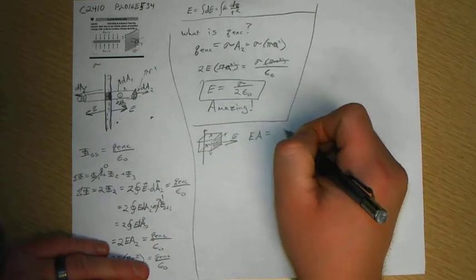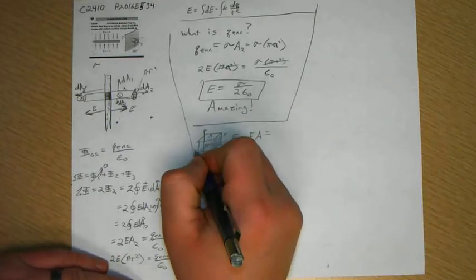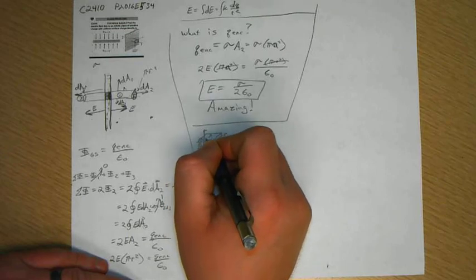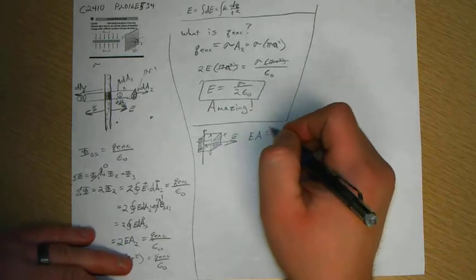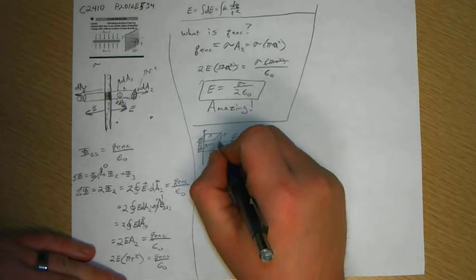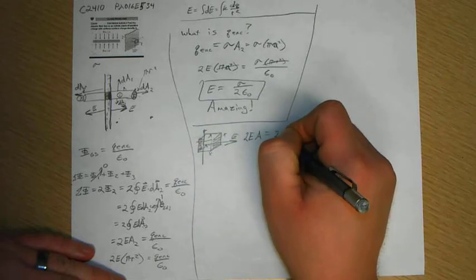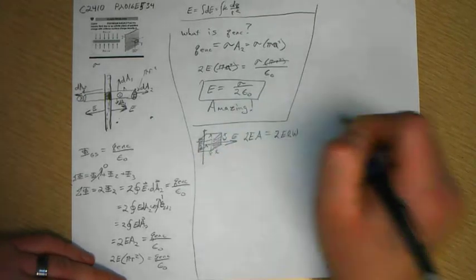E times A equals, and remember that the surface back here, if this extends past the line of charge, is going to experience flux too. So this would be 2EA, because the flux from here equals the flux from there, where this is 2E length times width, the area of a cube.